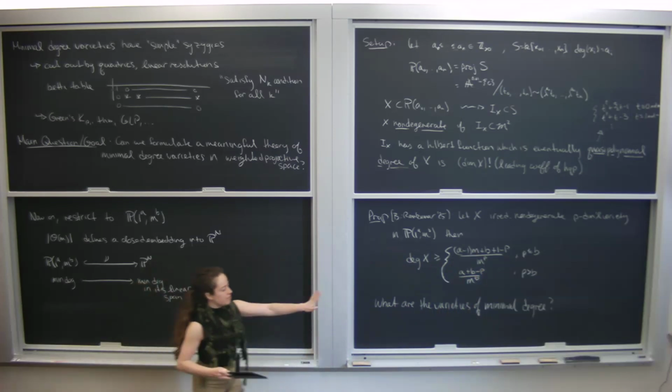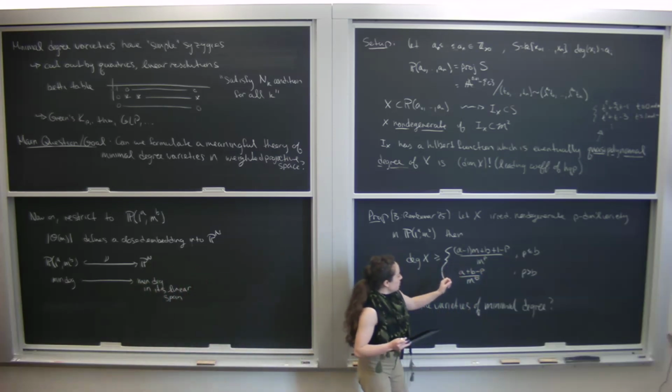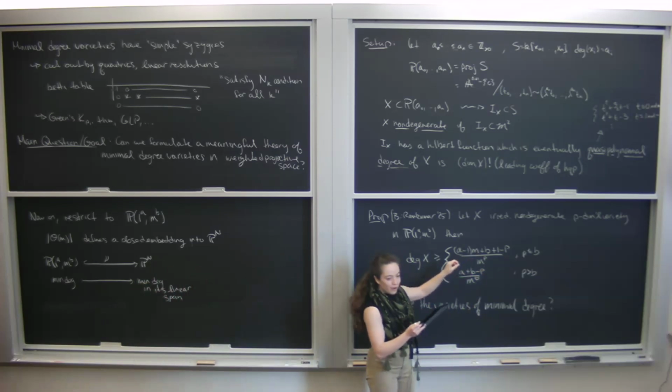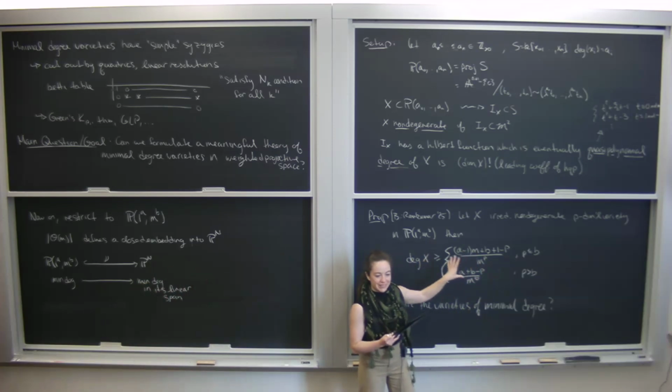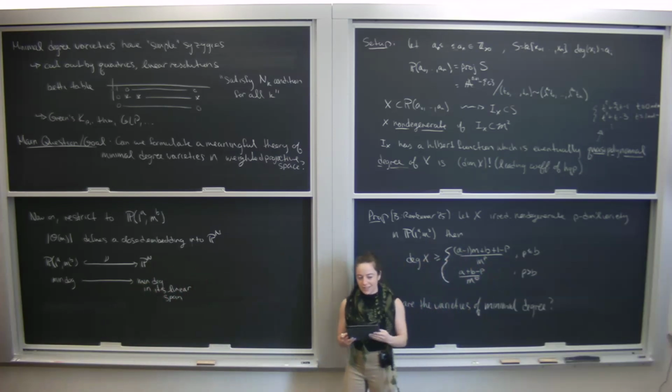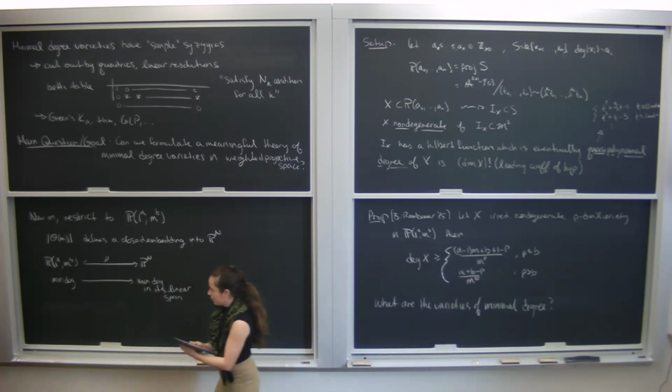In particular, it's not just the codimension, it's also how much of that codimension is coming from a's versus b's, in a vague sense. Okay.